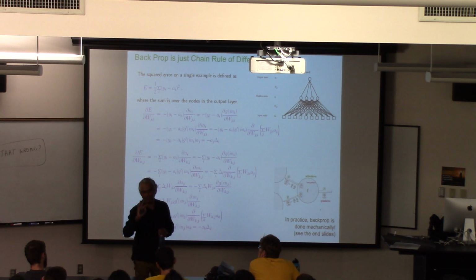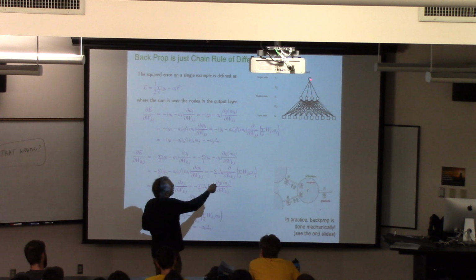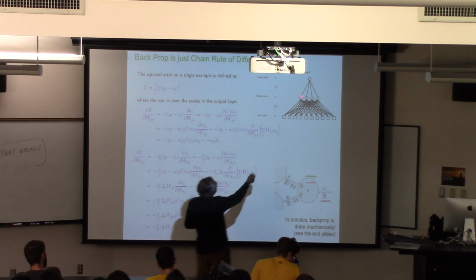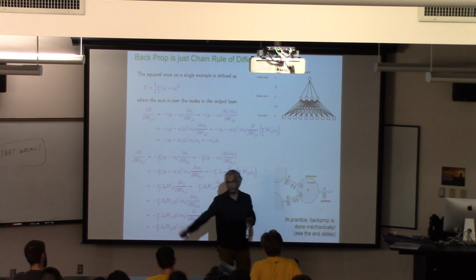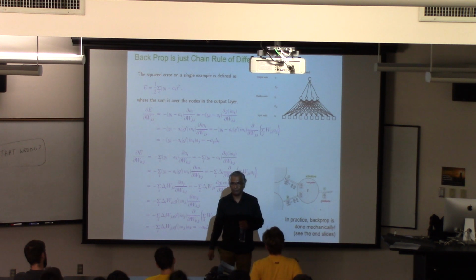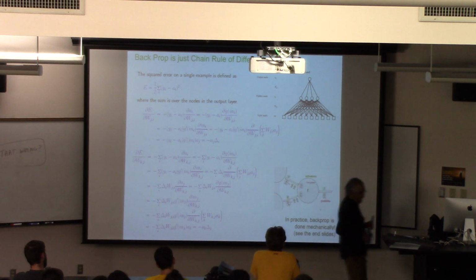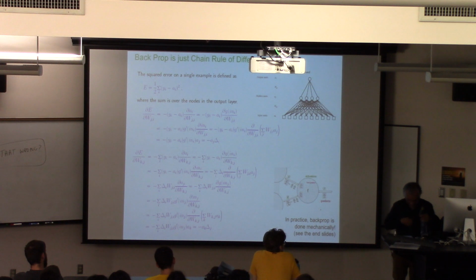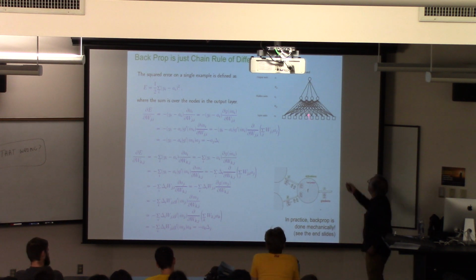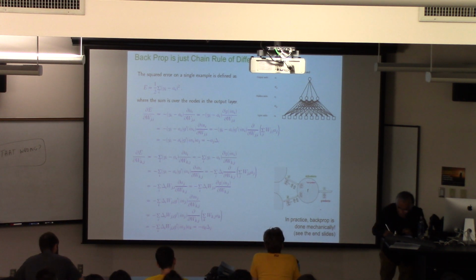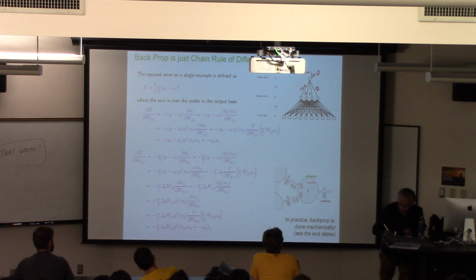But if you're a psychologist and you still want to say, I don't care about math, tell me some intuition. Here is the intuition. That's the very last thing I'll tell you. If you have an error here, you need to give the credit of that error to each of these units. Imagine I have an error here of 100. This guy has weight 0, this guy has weight 100, this guy has weight 0, weight 0.